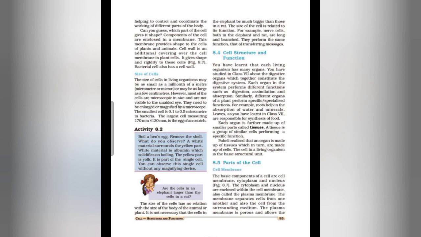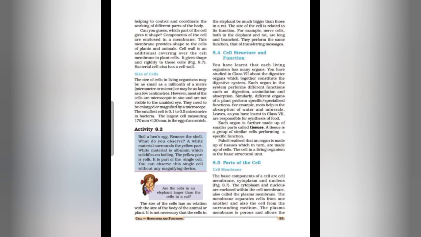They need to be enlarged or magnified by the microscope. The smallest cells are 0.1 to 0.5 micrometer in bacteria, and the largest cell, measuring 170 millimeter by 130 millimeter, is the egg of an ostrich.